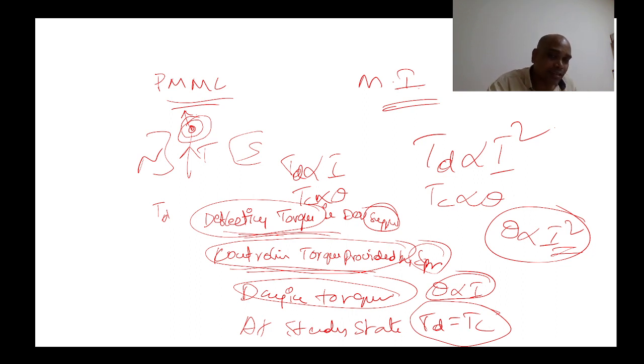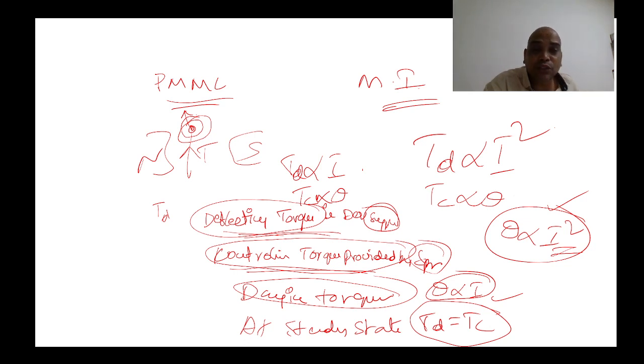At steady state, after nullifying the damping, both deflecting and controlling torques are the same. So deflection is directly proportional to current in PMMC, and directly proportional to I square in moving iron. So PMMC is linear, moving iron is non-linear.